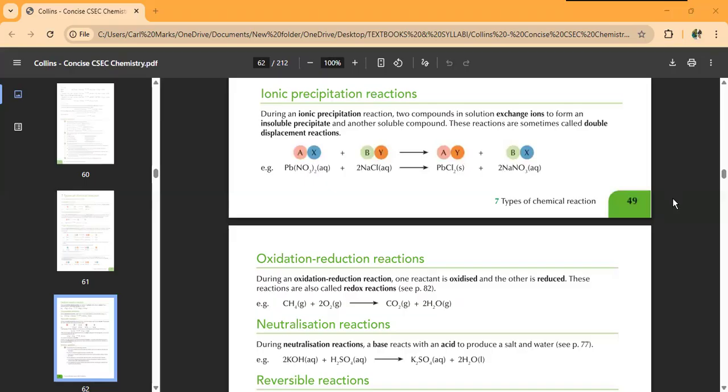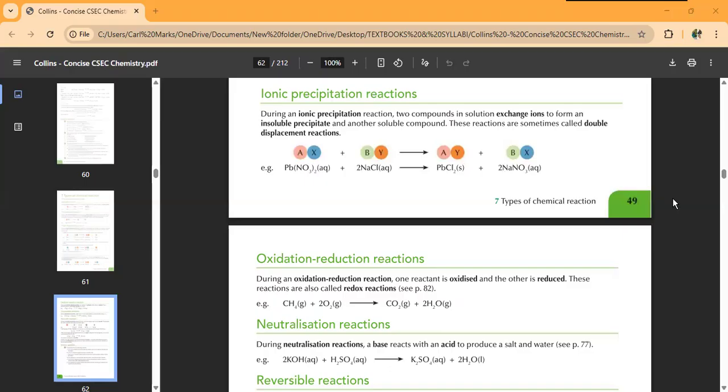Precipitate is the forming of a solid when you mix acids and base, I think, together or something. Yes, basically when you have a reaction occurring between two solutions and you have an insoluble solid, what we call the precipitate being formed, right?